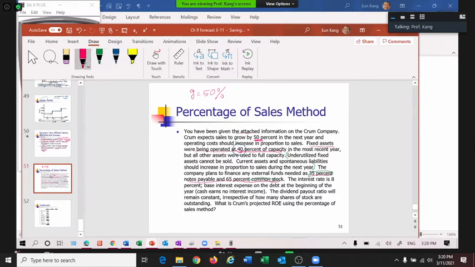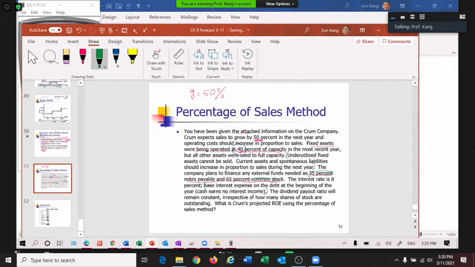And the interest rate is 8%. Base interest expense on the debt at the beginning of the year. This one you also don't need. We can make it short. Those are what we have assumed so far, right?